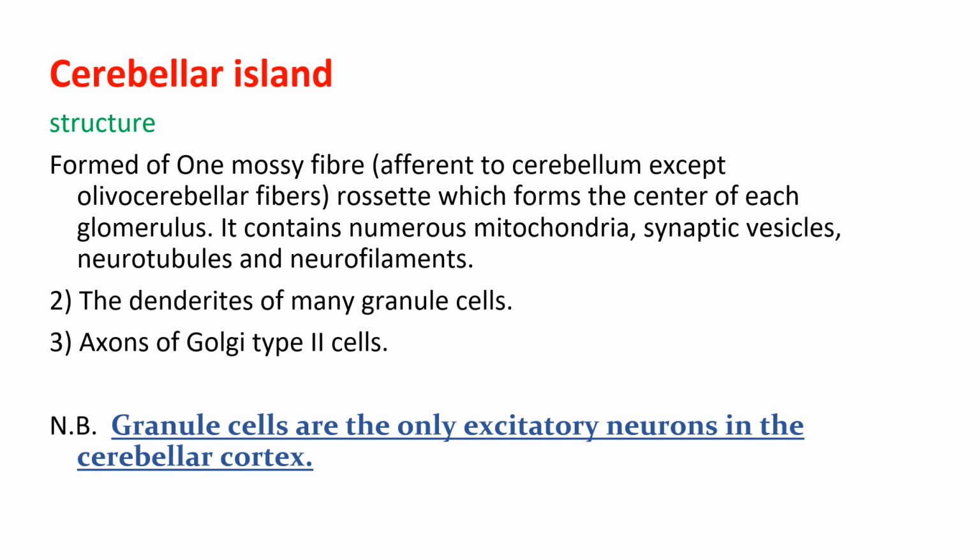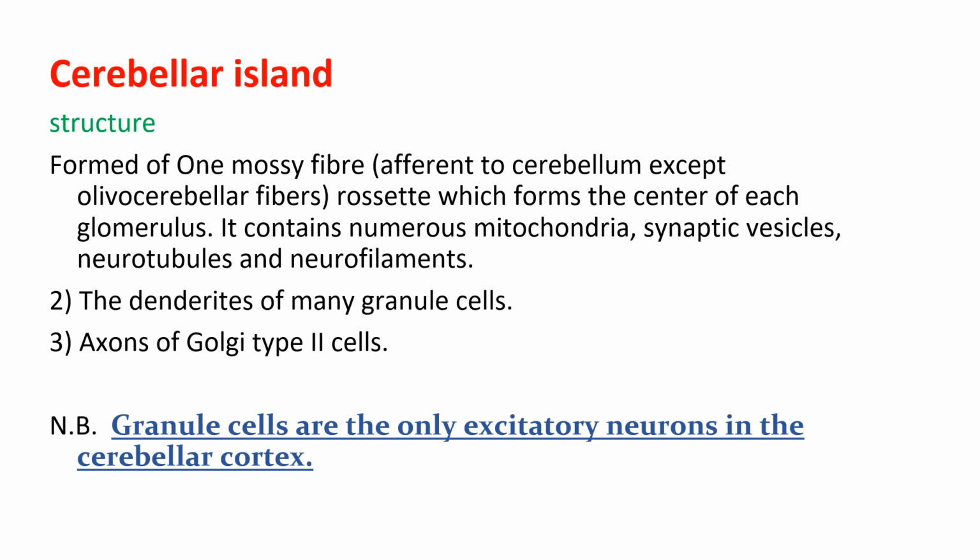So what are the components of the cerebellar island? The components are one mossy fiber, which is rosette in shape, containing inside numerous mitochondria, numerous synaptic vesicles, numerous neurotubules, and numerous neurofilaments. This is the first structure.